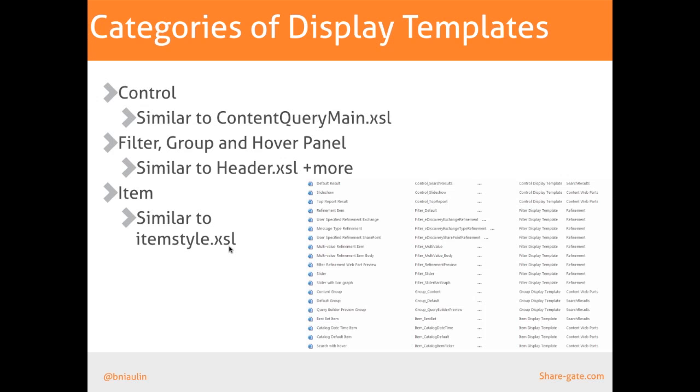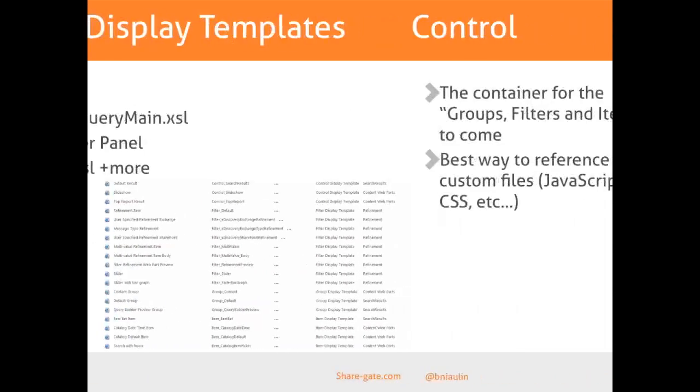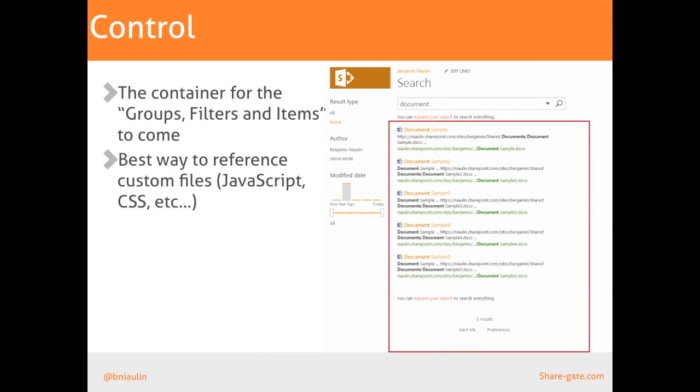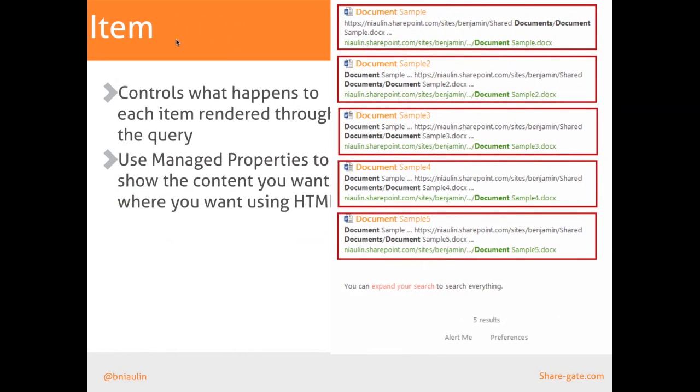Very same concept as before. So basically the control display template controls the big box and how you want to render your items. This is usually where you link your CSS or custom JavaScripts for your display template. And then your item display template is going to change how each individual item is displayed on your page.